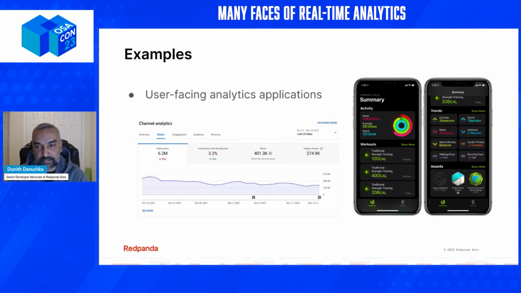That's consumed by end users rather than a few people within a particular organization. And if you are a content creator like a YouTuber or blogger, then you can see your channel performance or content performance in this kind of dashboard. So these are perfect examples for end user facing analytics applications.